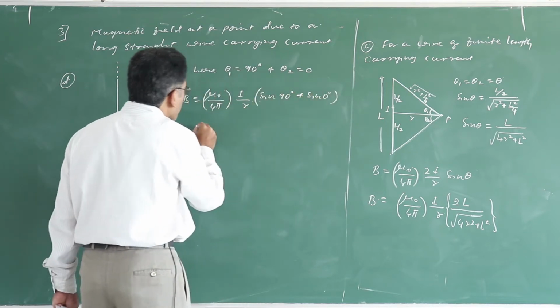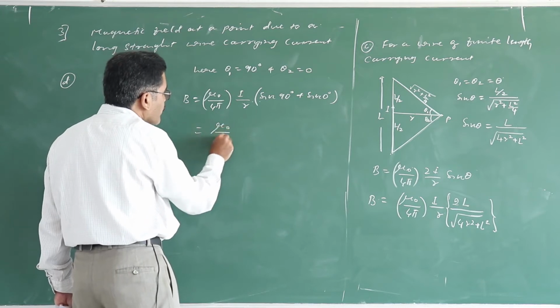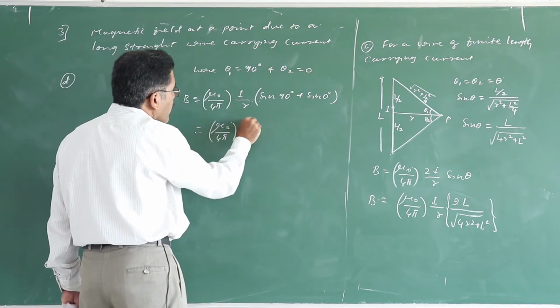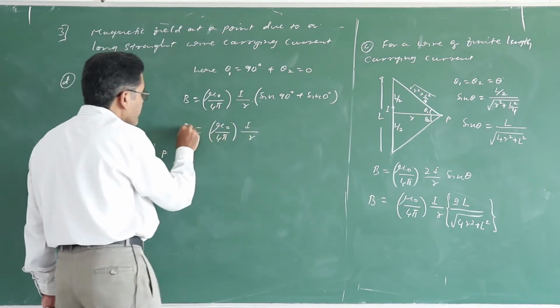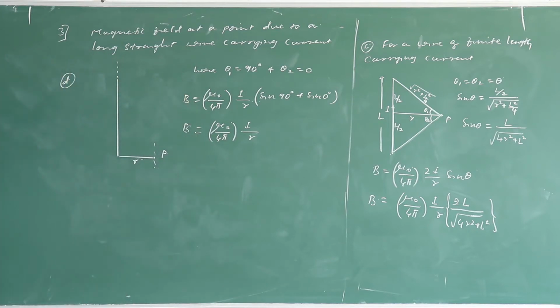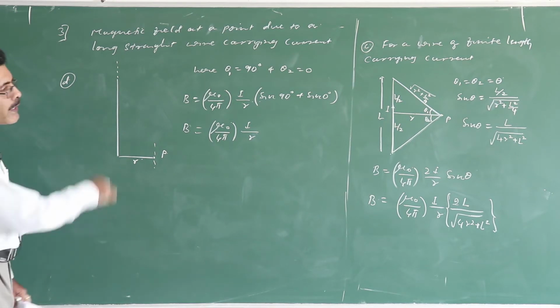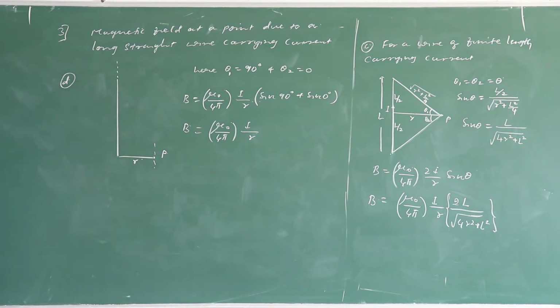Therefore this becomes mu naught by 4 pi I by r. This is the important result. Based on these results we shall solve some problems. Okay, so we shall take some examples so that we can understand how they can be used.